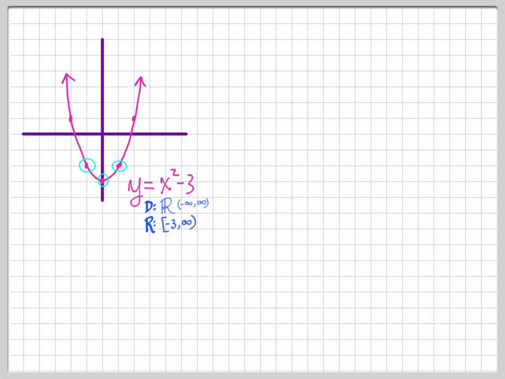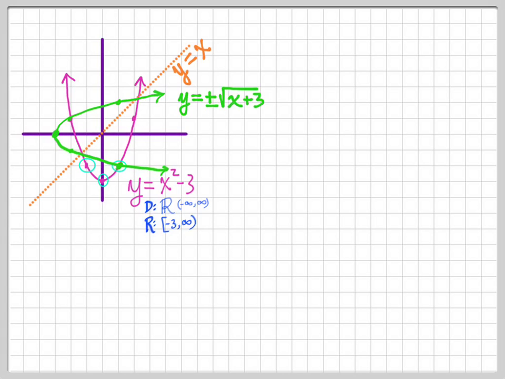For example, when I take the line y equals x there and I flip those points across that line, that y-intercept of -3 becomes an x-intercept of -3. Okay, and those other 2 points that you see are aligned in a similar fashion, reflecting across the line y equals x. And if we fill it out, we can see how the parabola is going to look. It's a sideways parabola, okay?